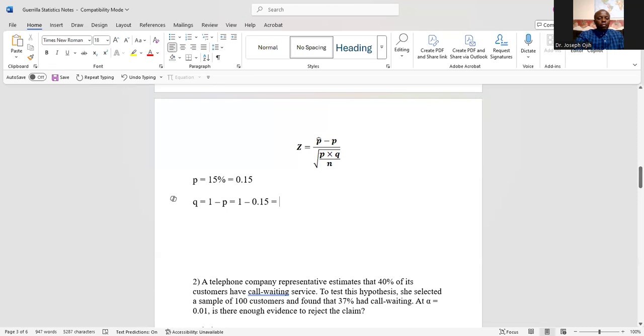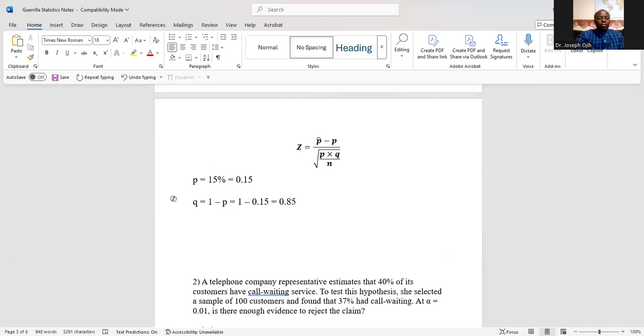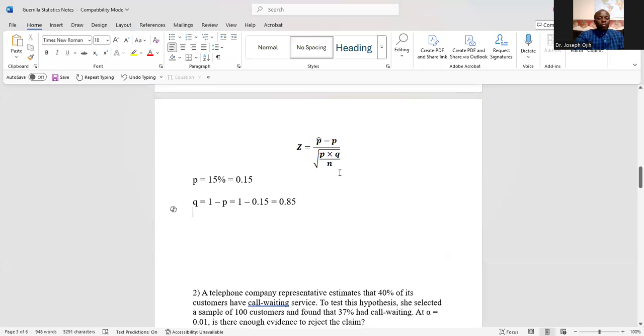So from our calculator, you have that 1 minus 0.15 is 0.85. Q is 0.85.